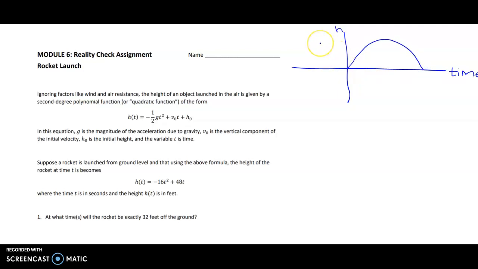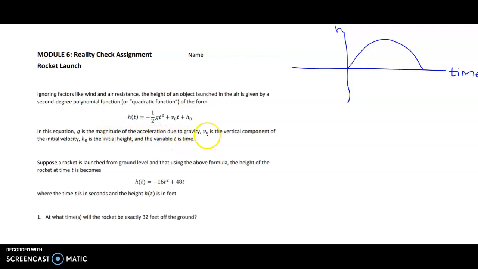And so that's what we're looking at as we're learning how we can look at a quadratic function, basically something with x squared, and how it can model how a rocket goes. This might look intimidating at first, but let's look through it, and it's not as bad as it might seem. So g is the magnitude of the acceleration.